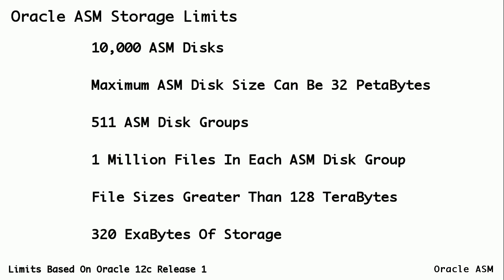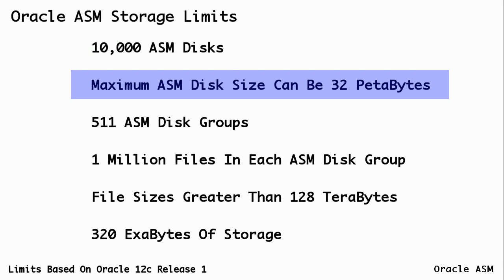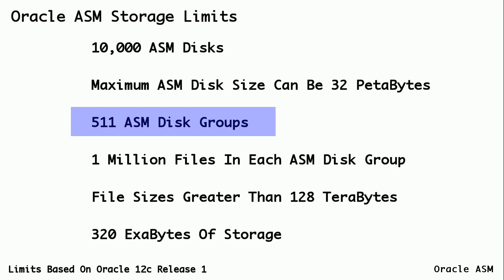Oracle ASM provides unlimited capacity for future growth, but ASM has some storage limits. Oracle ASM supports up to 10,000 ASM disks. Maximum Oracle ASM disk size can be 32 petabytes. Oracle ASM supports up to 511 ASM disk groups.